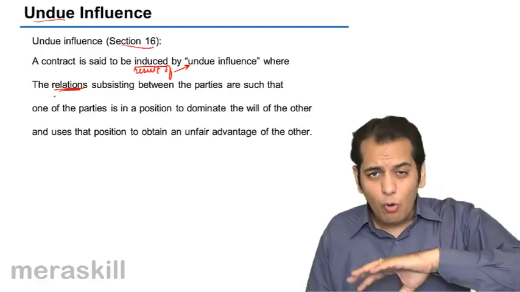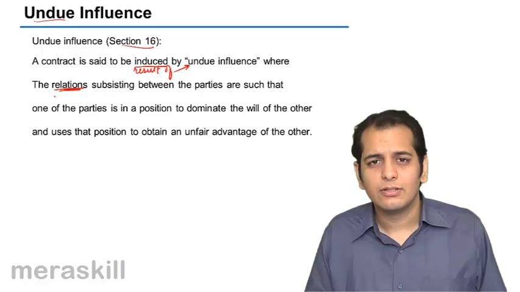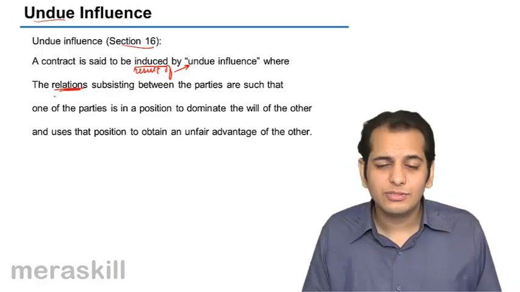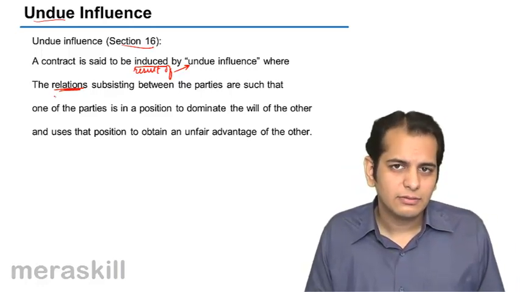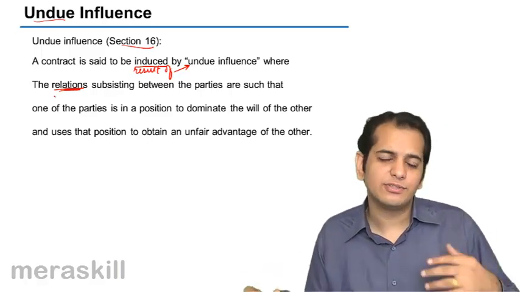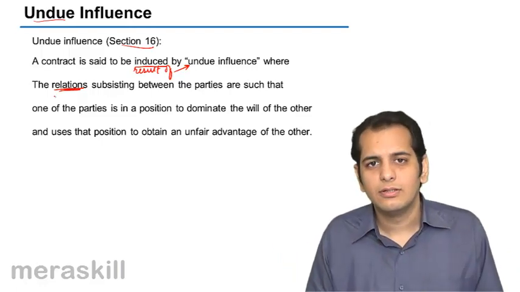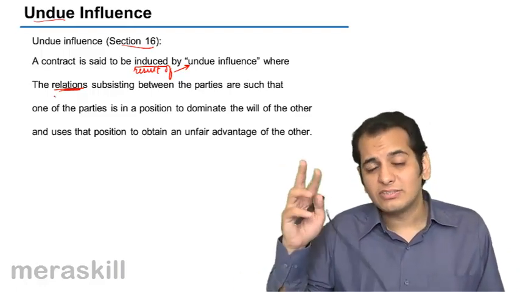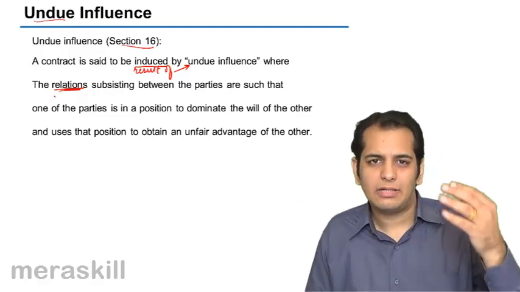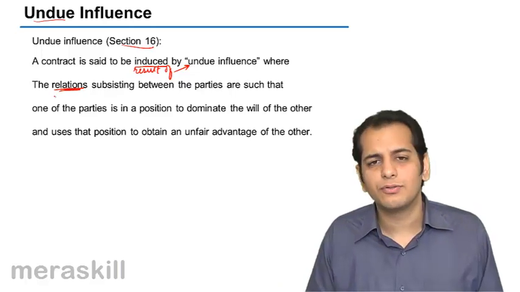So, in all of these cases, some kind of relation exists. When a father influences his child, there's a blood relation. When a friend influences another friend, there's a social relation between them, a relation of friends. There's a master-servant relation between an employer and employee. So some kind of relation exists in all these cases.